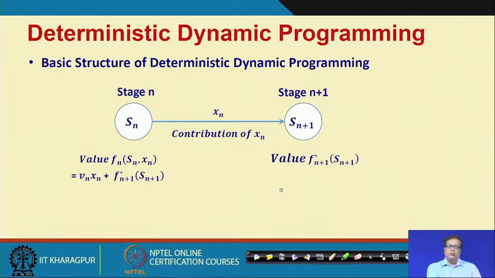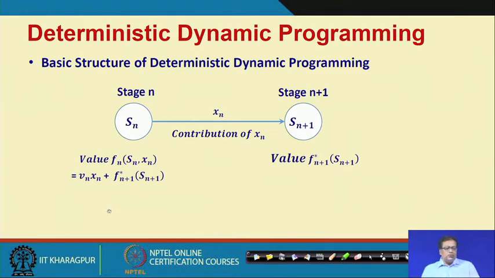Obviously, we are talking about backward dynamic programming. Suppose that value is f star n plus 1, which is a function of s n plus 1, which may be a particular state variable. Then the value at stage n could be computed as f n of s n and x n, which is a function of x n as well, will be V n x n plus f star n plus 1 of s n plus 1.